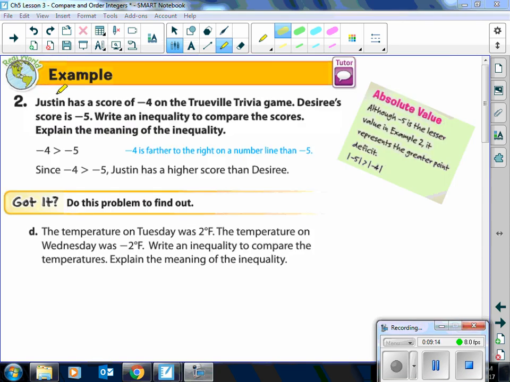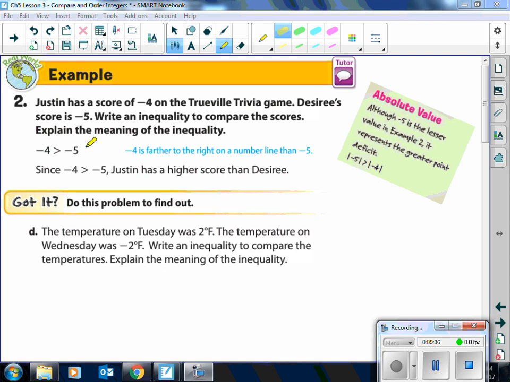For example 2, it says, Justin has a score of negative 4 on the Trueville trivia game. Desiree's score is negative 5. Write an inequality that compares the scores. Here, we're going to look at negative 4 and negative 5.